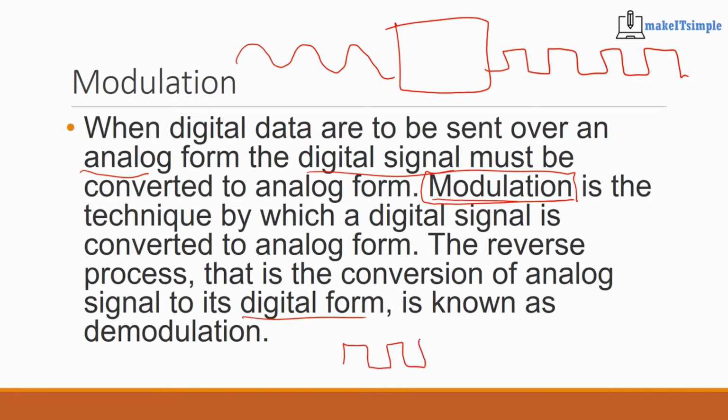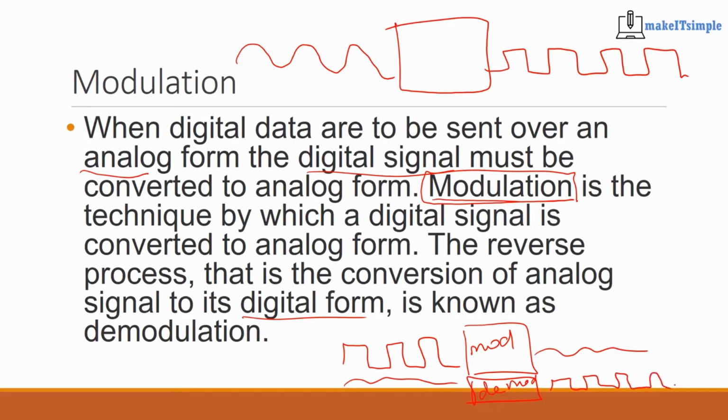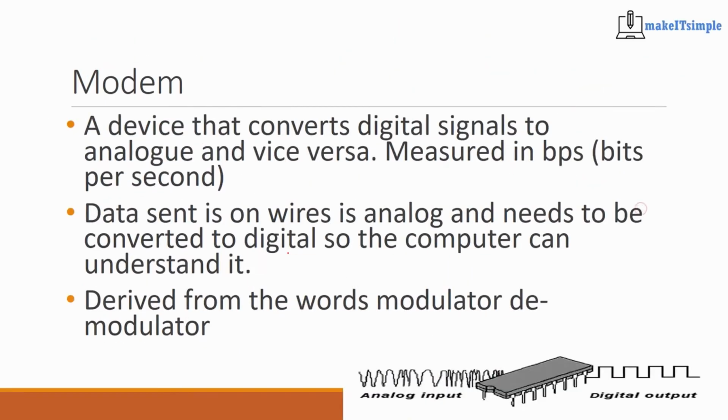Digital to analog, this is modulation. And then from analog to digital is demodulation. So the communication between the world and a computer has to go through this box. And the guy that does the modulation is called a modem.